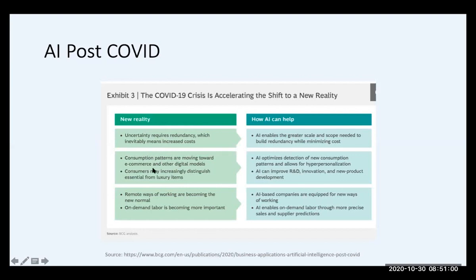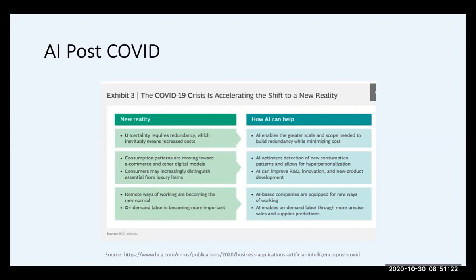Consumption patterns are moving towards e-commerce and digital models. But how can AI help? AI optimizes detection of new consumption patterns and allows for hyper personalization. If you recall, in one of my previous slides we were talking about COVID. The pattern has changed. This year is kind of an outlier for the data.